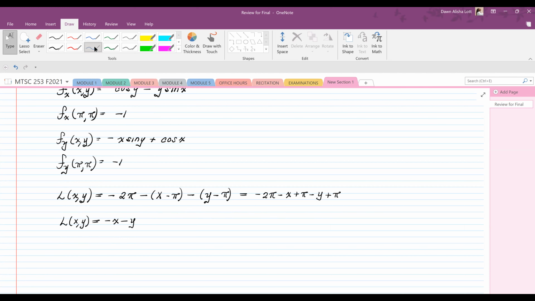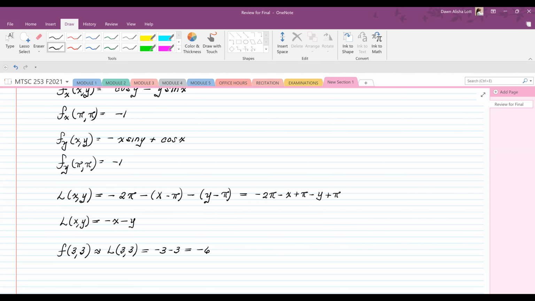Okay. And then the other one says use the linear approximation to approximate f of 3, 3. So you just plug them in. So f of 3, 3 is approximately L of 3, 3, which is -3 minus 3, -6. Oh, interesting. Now everything's starting to come into play.